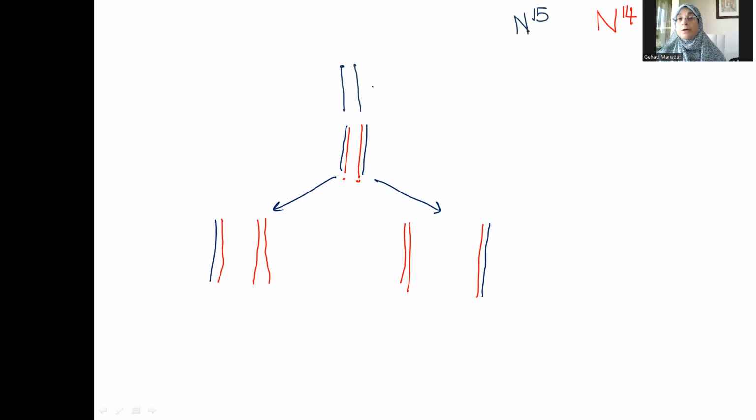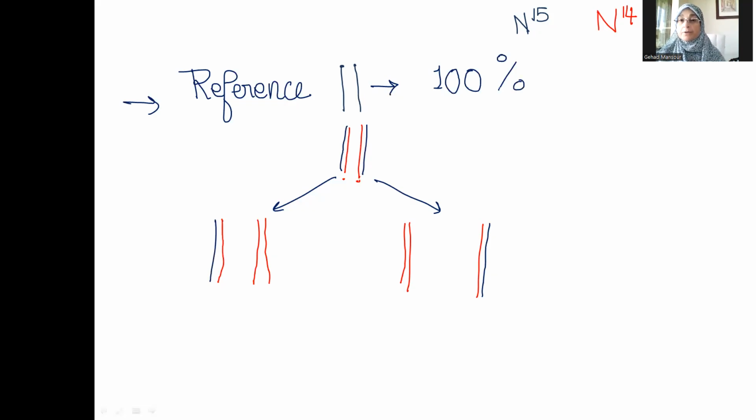So at the beginning, all the molecules were containing heavy nitrogen. So if we consider this, the density, of course, this is heavy nitrogen. Let's say that the density here is our reference. The density of the original total amount of heavy nitrogen DNA is our reference, and we will consider it 100%. Then after the first cycle, the density will be half the density.